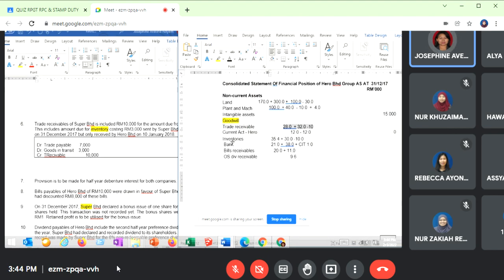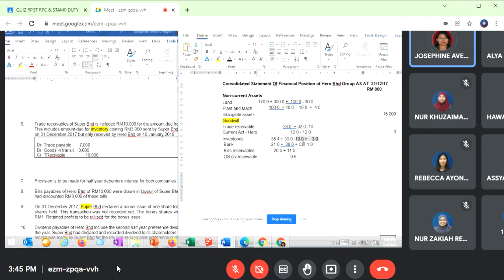So we can have a separate item, goods in transit, cash in transit, or if it is bank, you can add cash in transit. If it is goods in transit, you can add to your inventory. So you will see that your inventory will increase plus 3, because of the goods in transit.